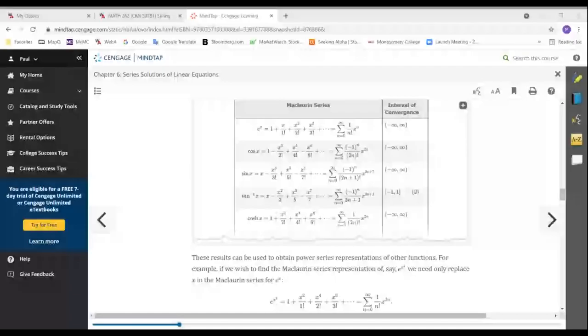Every power series has an interval of convergence. For instance, the power series for e to the x has an interval of convergence of -infinity to infinity. So that means e to the x will equal that infinite series for any x value.